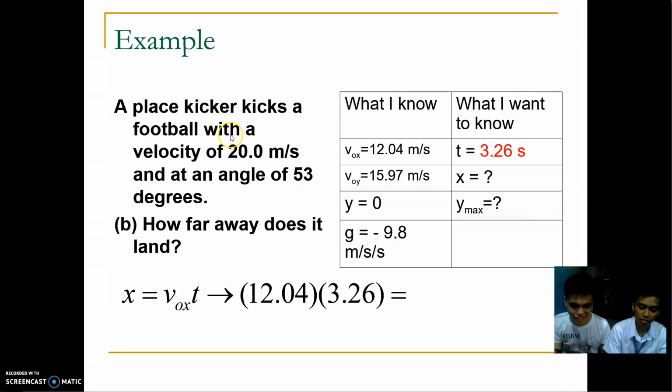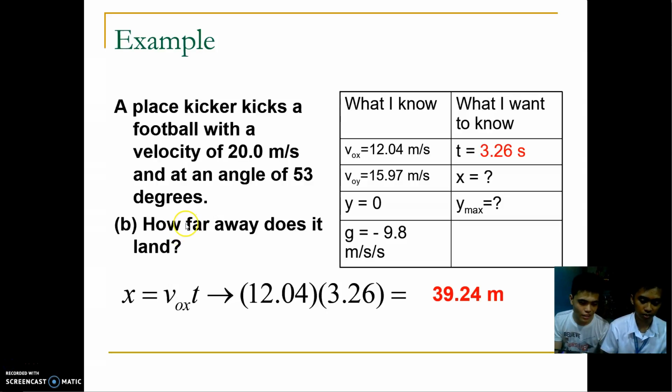So here is another example. A place kicker kicks a football with a velocity of 20 meters per second and at an angle of 53 degrees. So here's the question: how far away does it land? So this is the given. Horizontal velocity is equal to 12.04 meters per second, vertical velocity is equal to 15.97 meters per second, the distance is 0, and gravity is negative 9.8 meters per second squared.